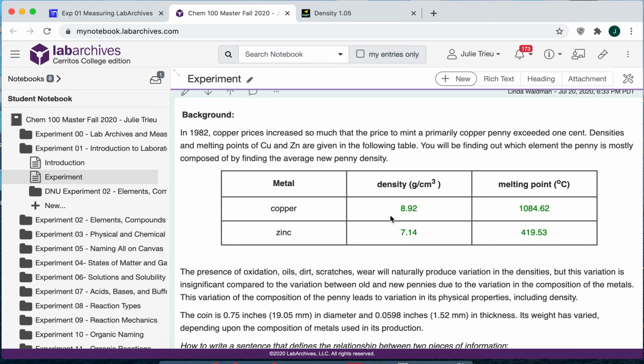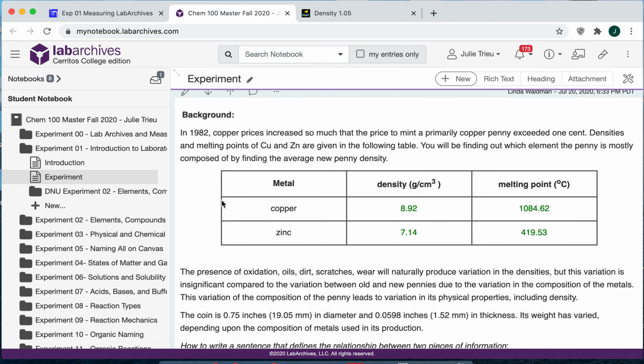So the density of the pennies you're going to calculate is going to be any number between 7.14 and 8.92, because a penny is a mixture of a percent of copper mixed with a percent of zinc.